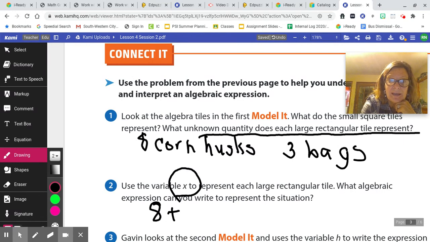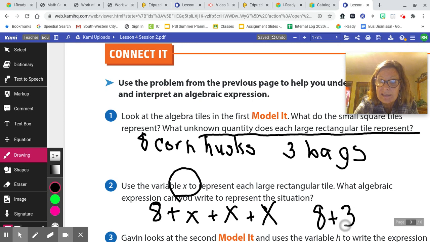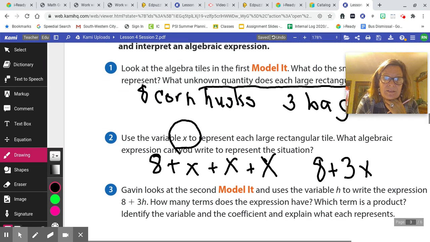So I'm going to do 8 plus x plus x plus x. Or you could have done an equivalent. Maybe you did 8 plus 3x. That would also represent it. This was an expression that represents the situation.